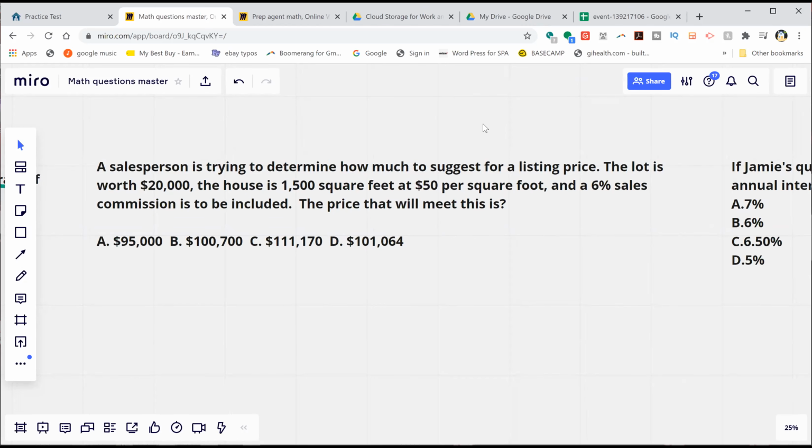So a salesperson is trying to determine how much to suggest for a listing price. The lot is worth $20,000, and the house is 1,500 square feet at $50 per square foot, and a 6% sales commission is to be included. The price that will meet this is.